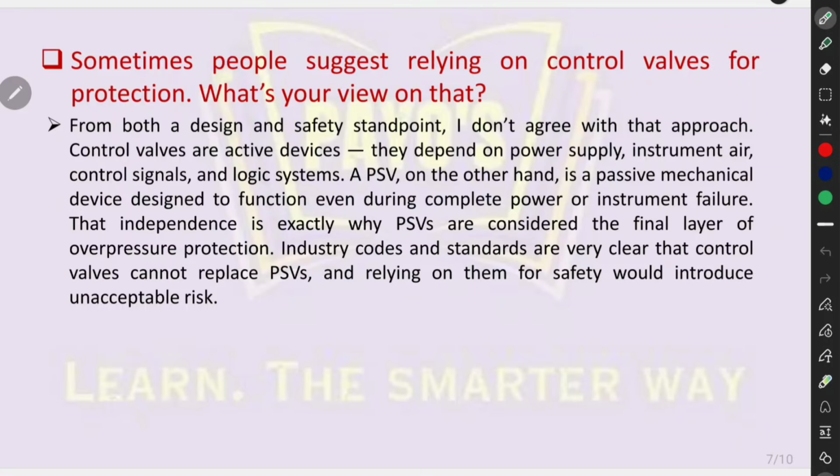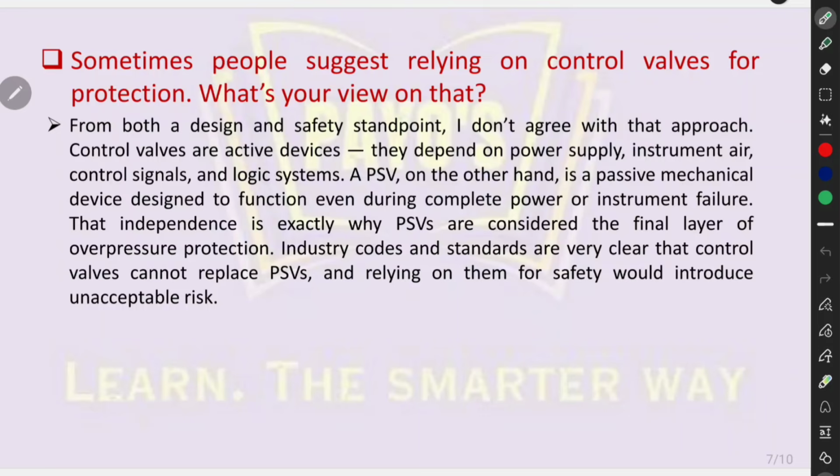Sometimes people suggest relying on control valves for protection. What's your view on that? From both a design and safety standpoint, I don't agree with that approach. Control valves are active devices. They depend on power supply, instrument air, control signals, and logic systems. A PSV, on other hand, is passive mechanical device designed to function even during complete power or instrument failure.